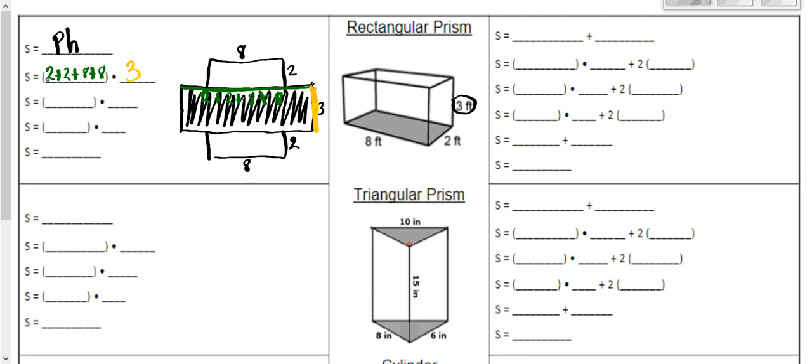Okay, so let's simplify that a little bit more. 2 and 2 make 4. 8 and 8 make 16. And then I still have my height of 3.